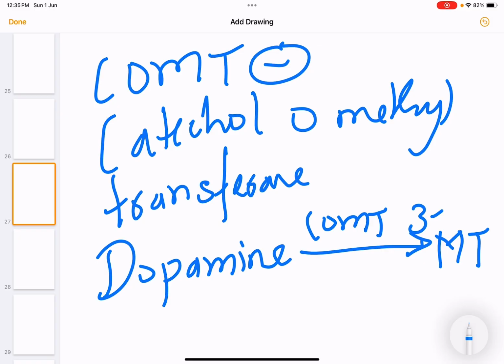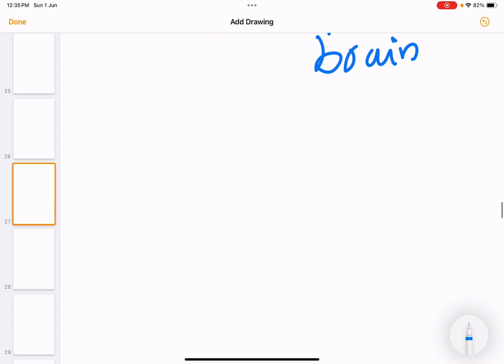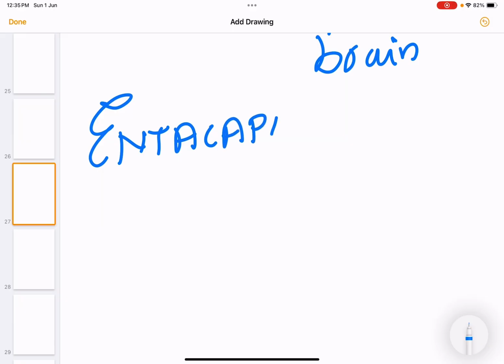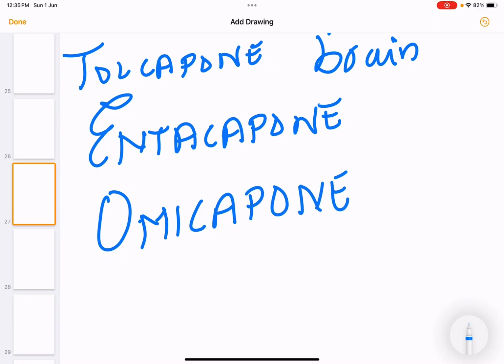This COMT is present in GIT as well as brain. So there are 3 drugs: entacapone, tolcapone, and opicapone. Tolcapone is hepatotoxic, so it is banned in many countries.